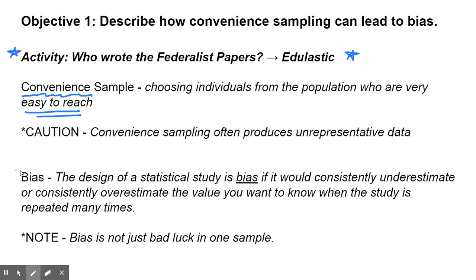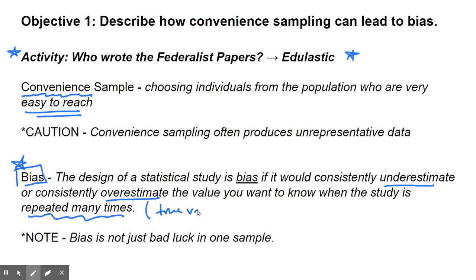So there's two big ideas in this section. The first big idea is called bias. The design of a statistical study is biased if it would consistently underestimate or overestimate the value you want to know when the study is repeated many times. We like to call this the true value.